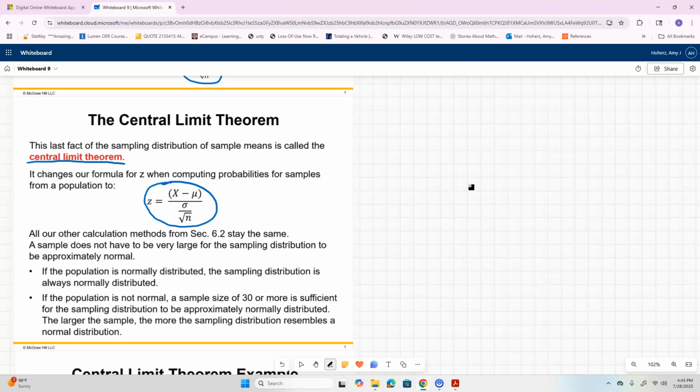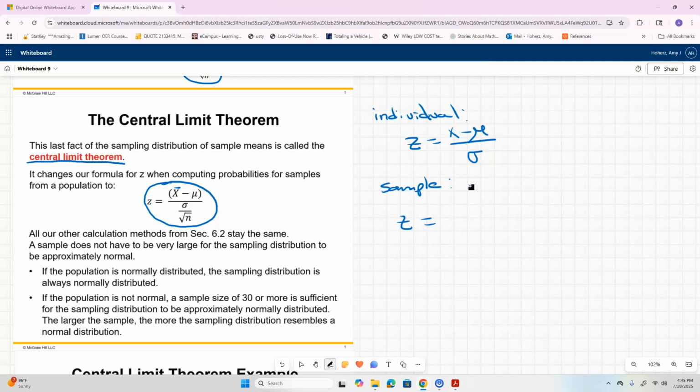So remember, when you're talking about an individual data value, you're using z equals x minus mu over sigma. When you're doing it for a sample, when it asks what's the probability or the likelihood of a sample, you're going to use z equals, and there's actually something missing here.